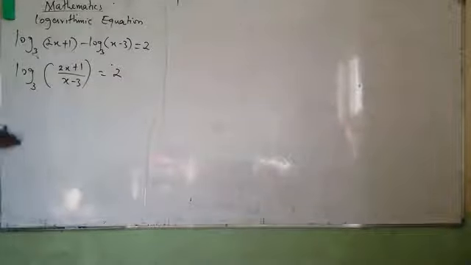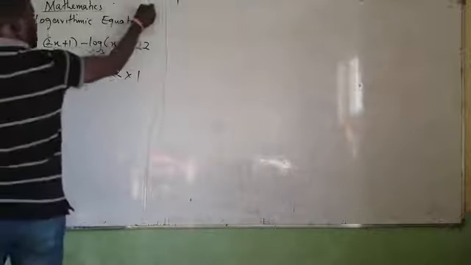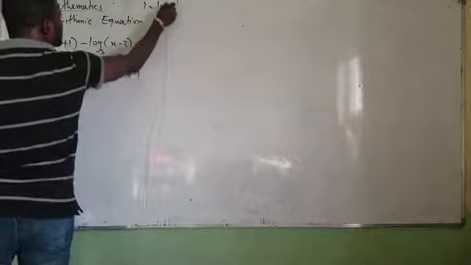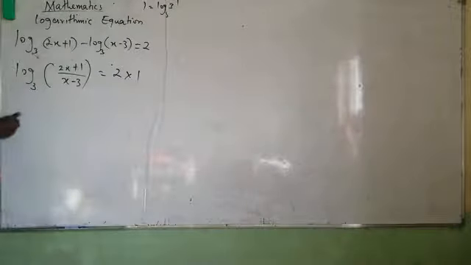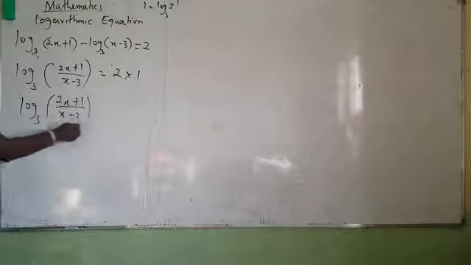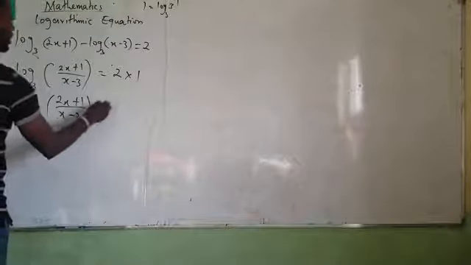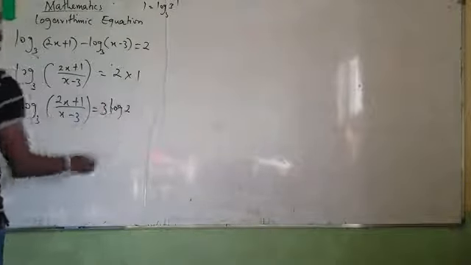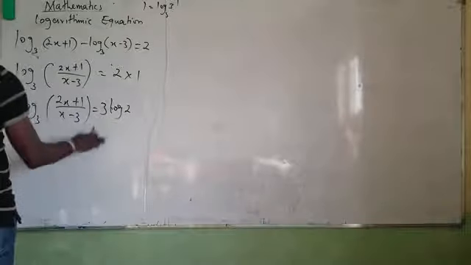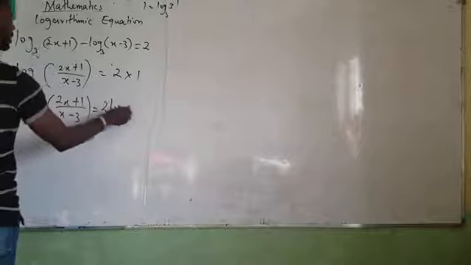Now, when you have something like this, just make sure we multiply this one by 1. That your 1 can be equal to log 3 of 3. Take note of that. It means I can say log base 3 of 2x plus 1 divided by x minus 3, and this one will now be log base 3 of 3 squared.